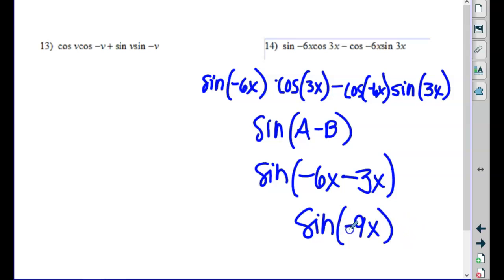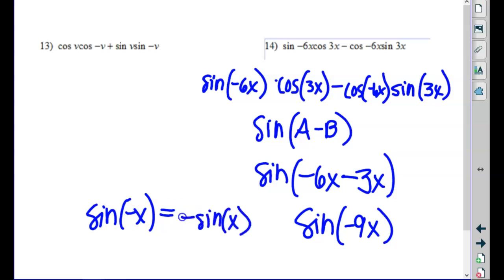What can you do when there's a negative? There should be one that says something like this. It's called the even odd rules, maybe? What can you do when it's inside? Move it out front. So this is the opposite of the sine of 9x as well.